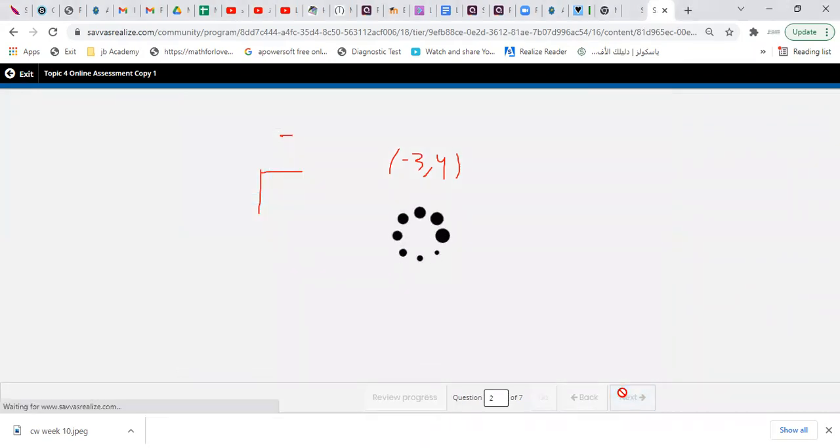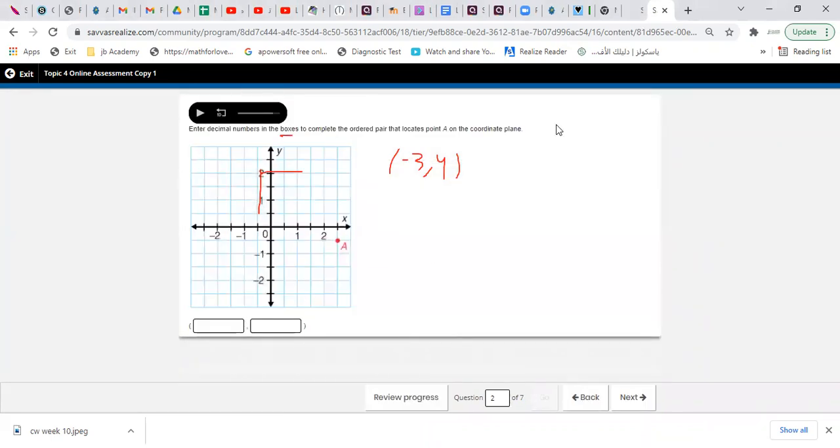Now, next question. Enter the decimal numbers on the boxes to complete the ordered pair that locates point A on the coordinate plane. First of all, we need to see what each section represents. Here, the section between 1 and 2 is divided into 2 parts, so it has halves: 1, 1.5, 2, 2.5.